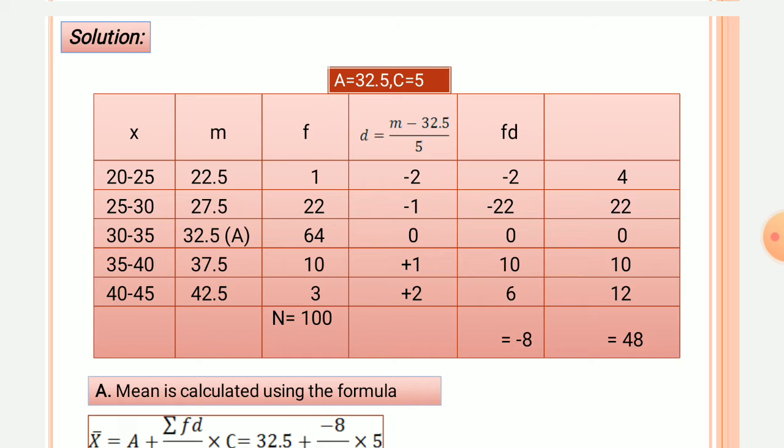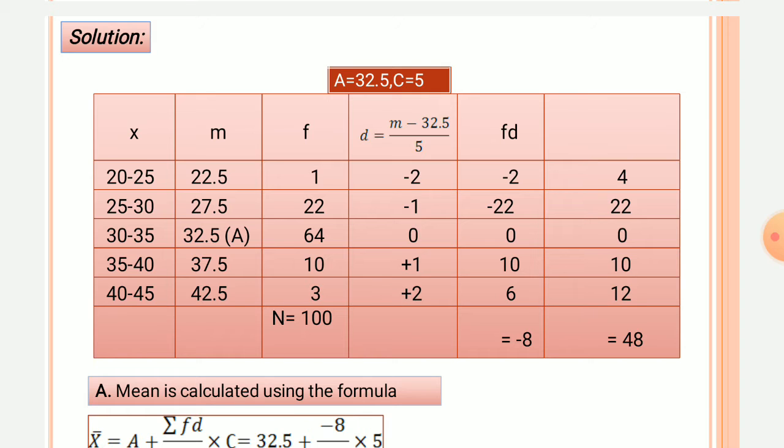For M 22.5: 22.5 minus 32.5 divided by the class interval size 5 equals minus 2. 27.5 minus 32.5 by 5 equals minus 1. 32.5 minus 32.5 by 5 equals 0. 37.5 minus 32.5 by 5 equals plus 1. 42.5 minus 32.5 by 5 equals plus 2.